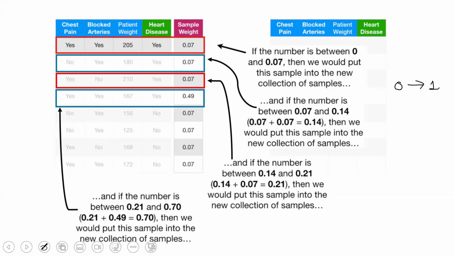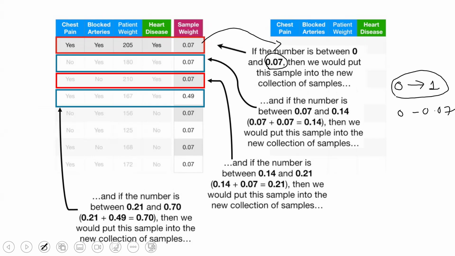If the number is between 0 and 0.07, I'll place this record in this particular data set. Again, let's suppose I pick a random number.